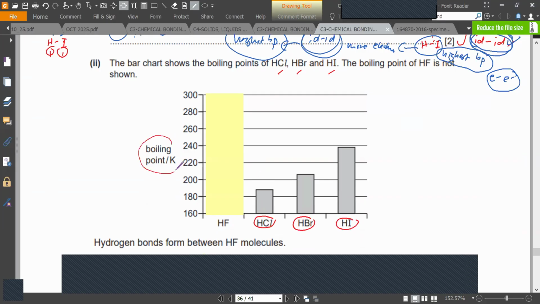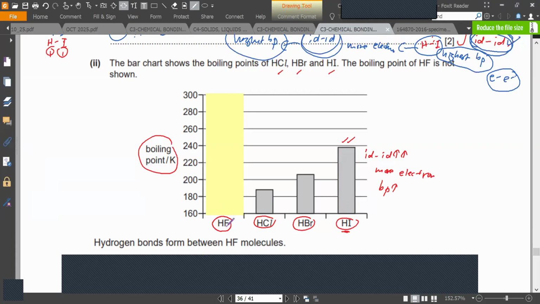Just now we already discussed HI has the highest boiling point because of the ID force. It has more electrons, so the ID force is stronger. So the boiling point is highest for hydrogen iodide, no problem. How about HF?